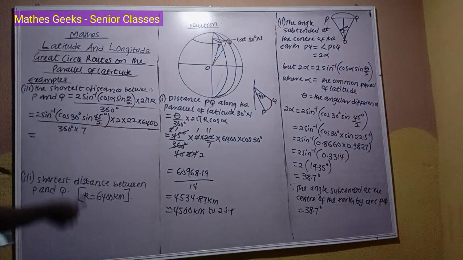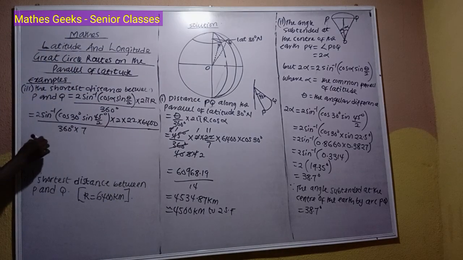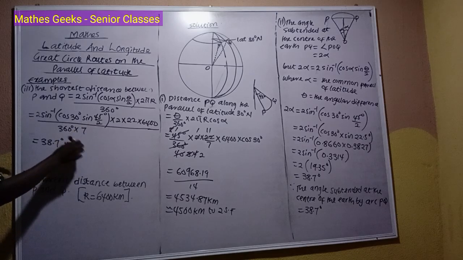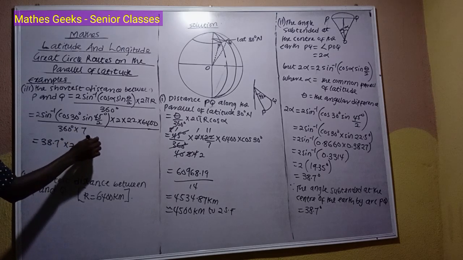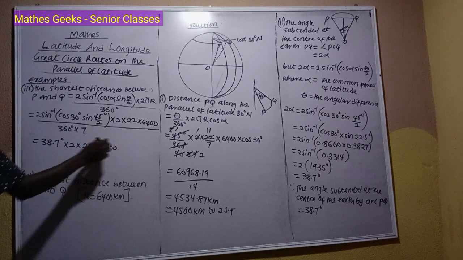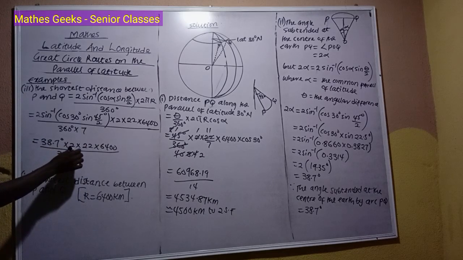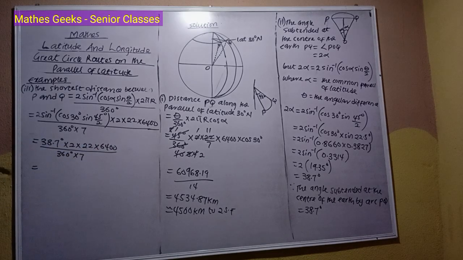So it is equal to 38.7 degrees times 2 times 22 times 6,400 over 360 degrees times 7.